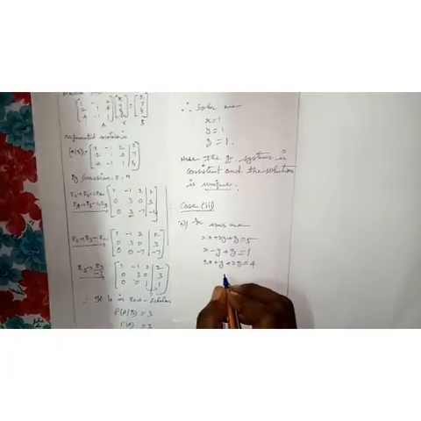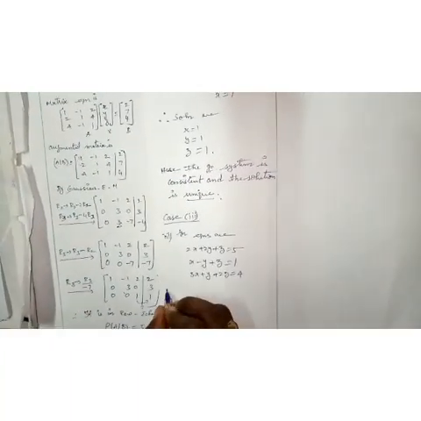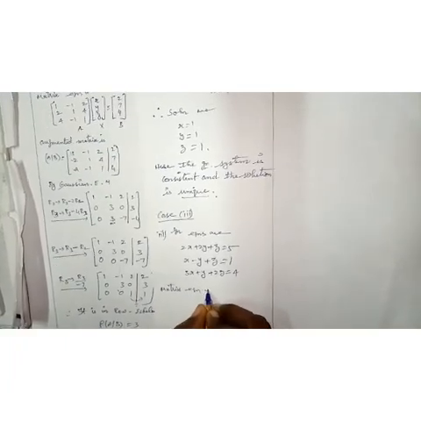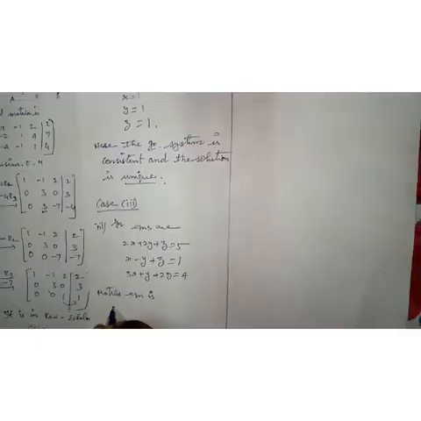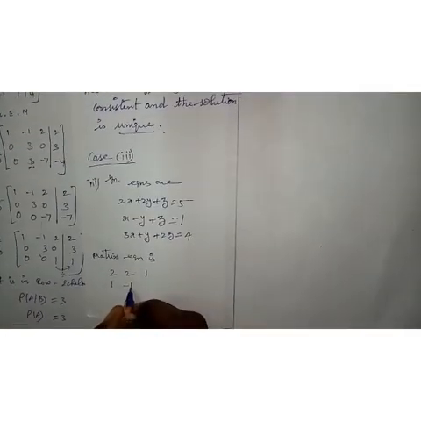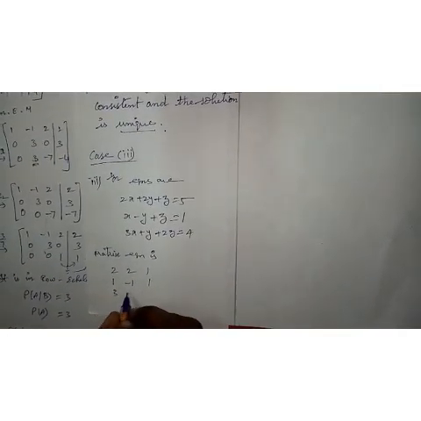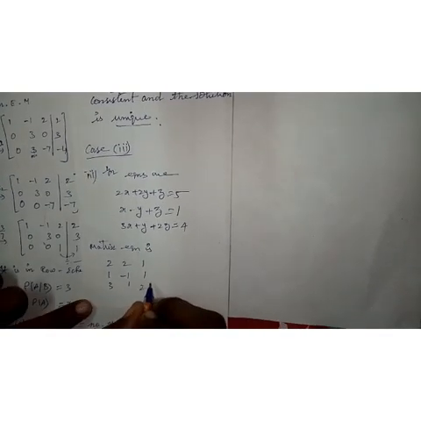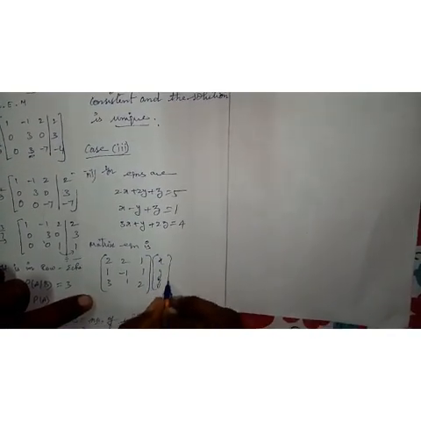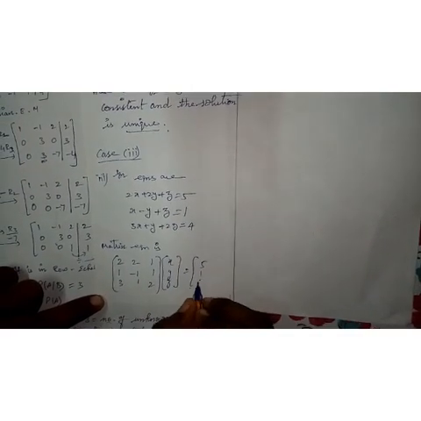The matrix equation is [2 2 1; 1 -1 1; 3 1 2] times [x y z] equal to [5 1 4].